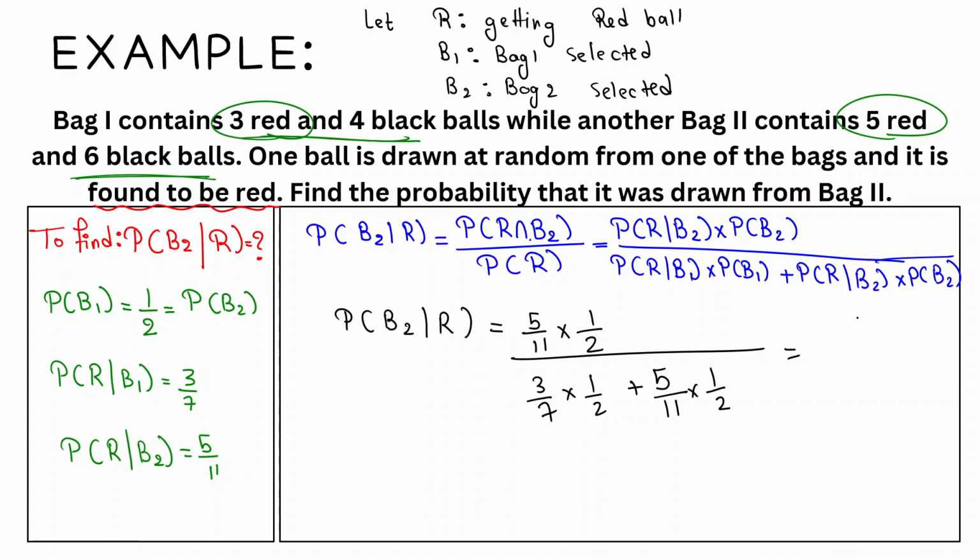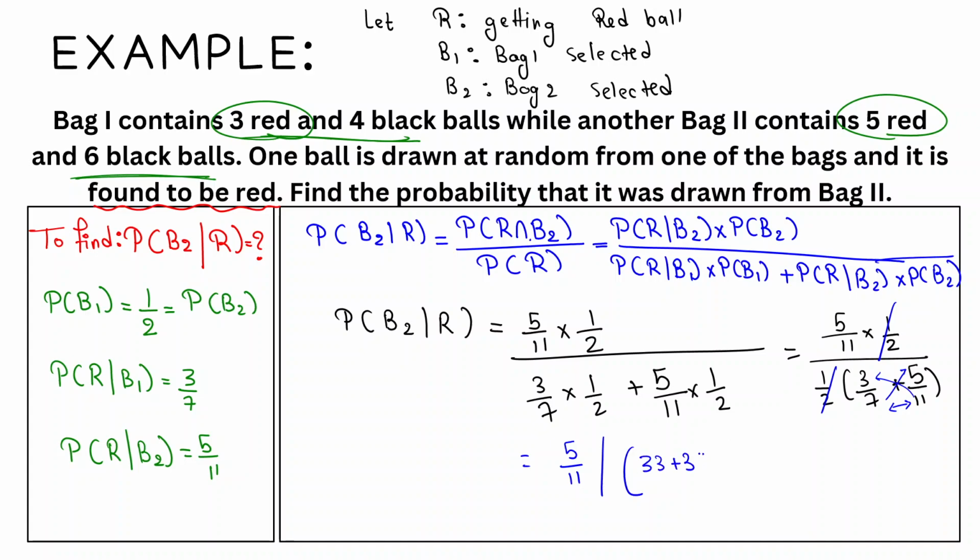What I can do is take half common from all of them. So in the numerator I have 5 by 11, and in the denominator, half common, so it is 3 by 7 plus 5 by 11. Cancelling the half from both places, I am left with 5 by 11 divided by, taking the LCM, 33 plus 35 divided by 77.